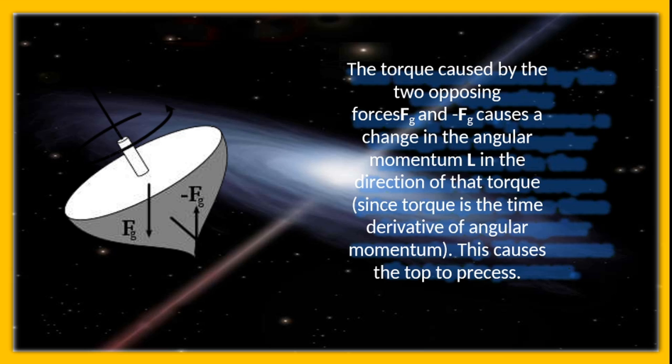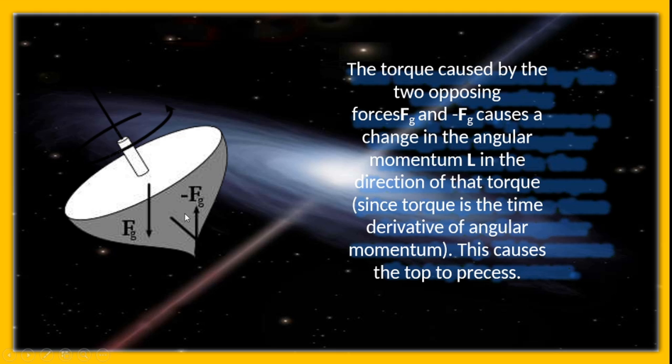The torque caused by the two opposing forces Fg and minus Fg causes a change in the angular momentum L in the direction of the torque, since torque is the time derivative of angular momentum. The precession of a top is also a consequence of conservation of angular momentum.